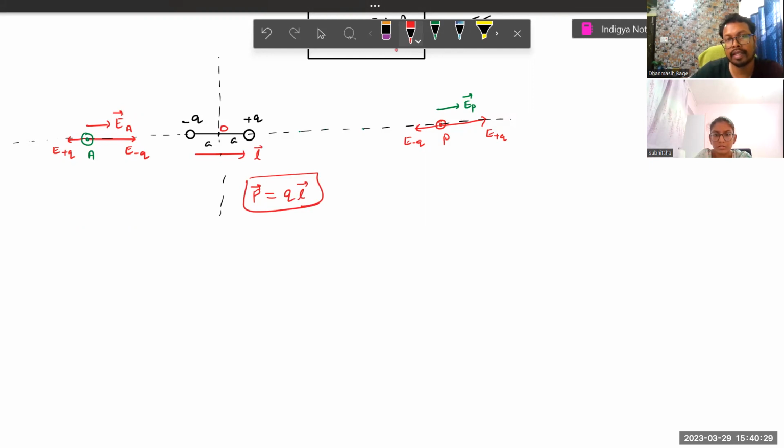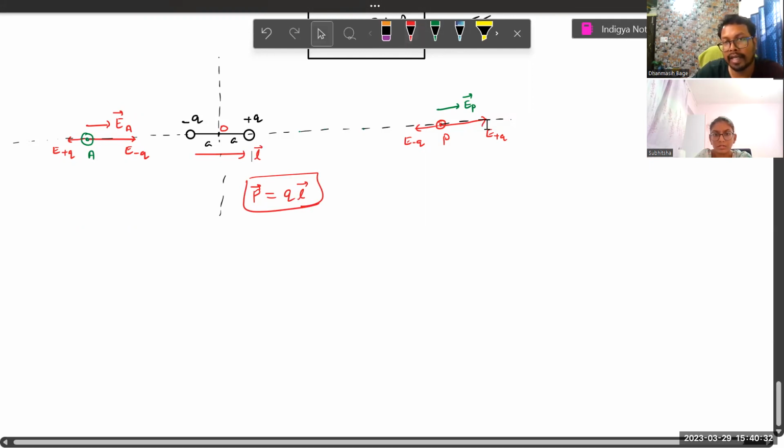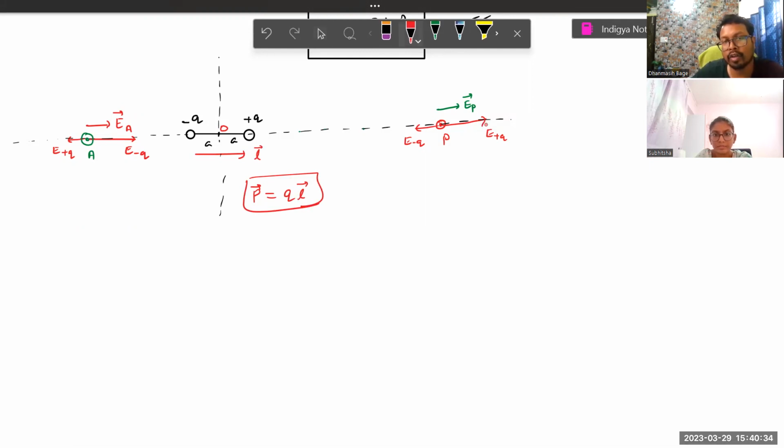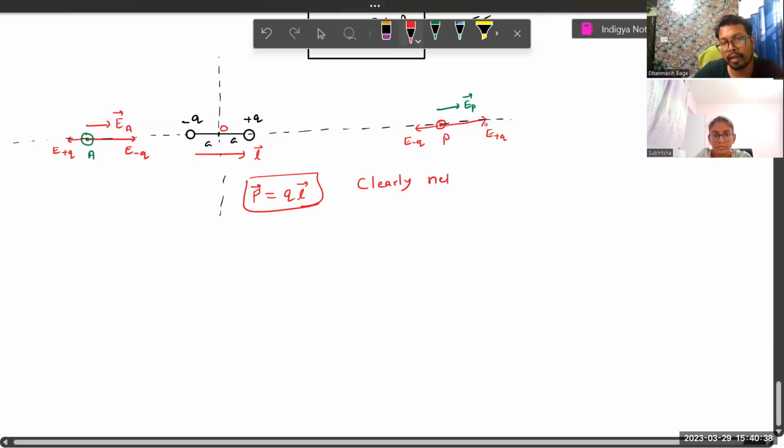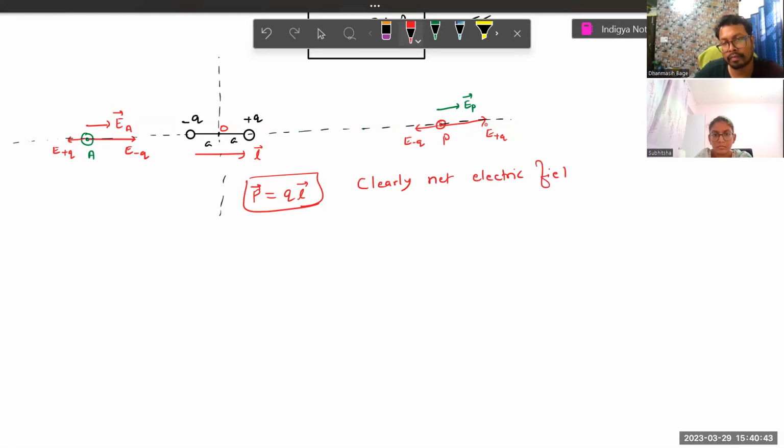It means, clearly, the net electric field is in the direction of the dipole moment at any point on the axis.